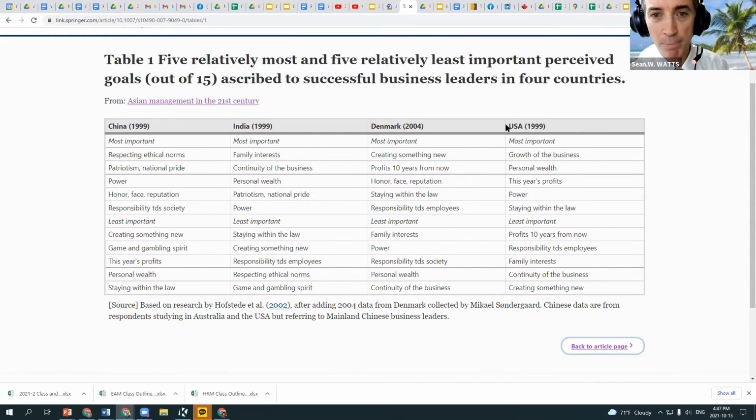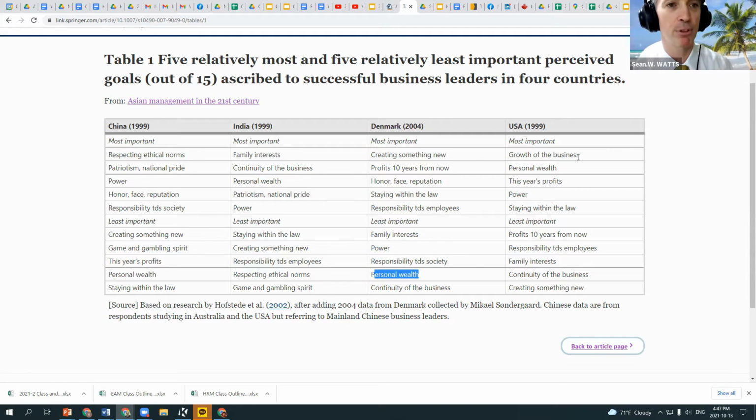He showed that for people from USA, the most important thing is personal wealth. People in India are almost the same; it's very high on their list of what's important. But for people in China, personal wealth is the lowest thing they're interested in. People in Denmark also, personal wealth is least important to them, and other areas are most important.